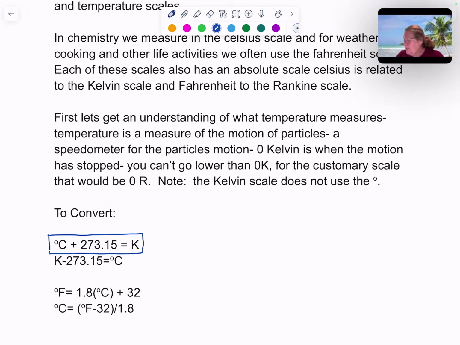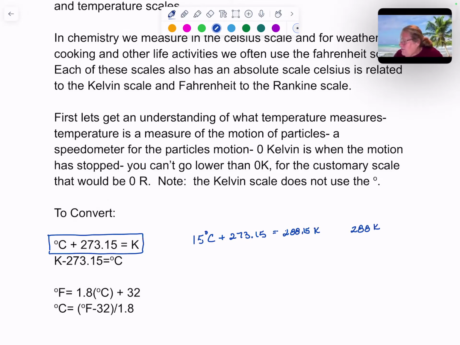So you're just going to take your degrees Celsius, like say it's 15 degrees Celsius, and we're going to add 273.15 to it, and that's going to give me my Kelvin. I'm not going to put that little teeny degree sign. So this is going to give me 288.15 Kelvin or 288 Kelvin if you're not using the 0.15.